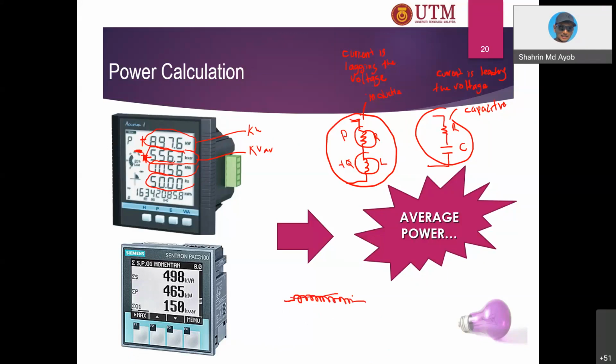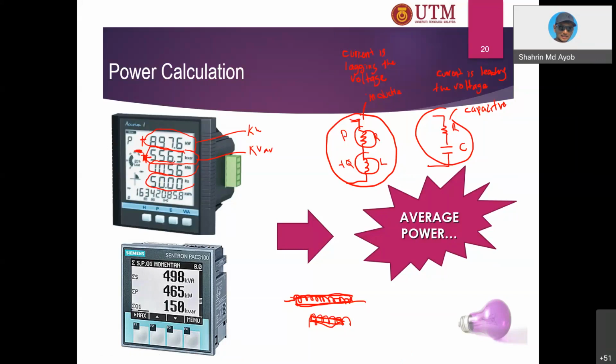You have a steel core here, and then you wrap around it, and this will become a solenoid. This is the basic construction of an inductor, and the motor is an inductive load. So everything that uses an electrical motor is an inductive load. So our home has a lot of motors.